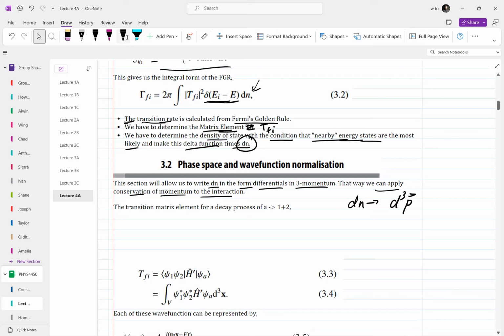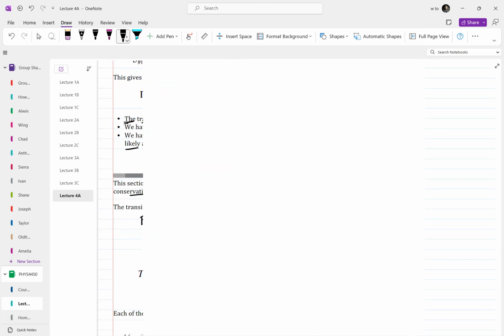Because remember, let's say we have a particle decaying, some A particle. It's going along, and it's going to decay into two things, 1 and 2, okay? So we can track the particle. What's happening is you have some momentum of A coming in.